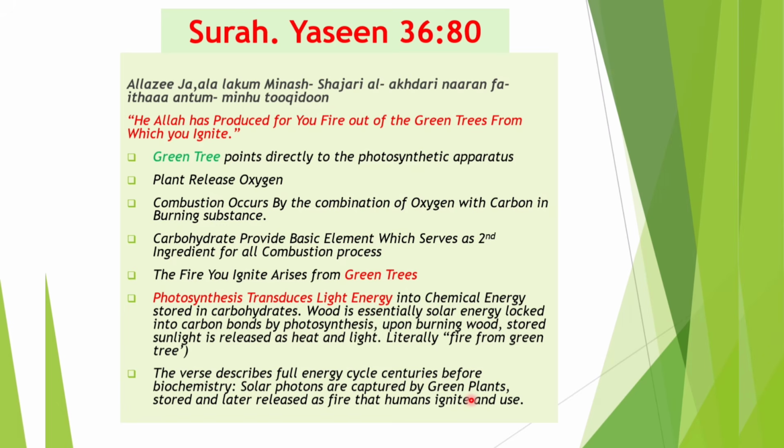You will see this verse explains that green vegetation is a medium for storing and releasing energy, and now we call it photosynthesis and bioenergy. That is the meaning of this Quranic verse.